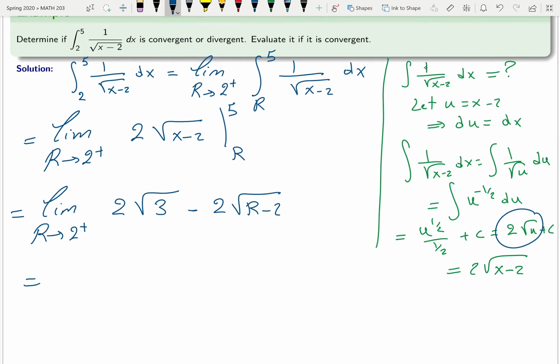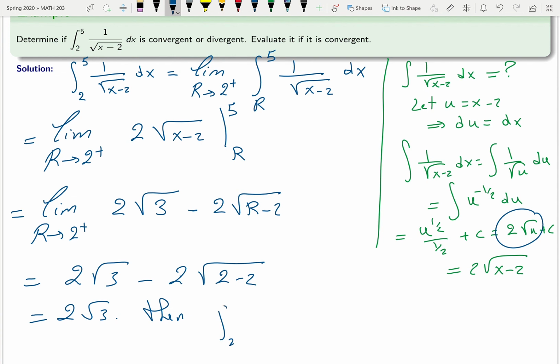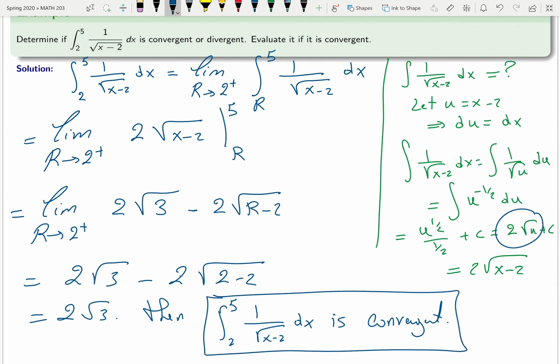When you let r go to 2, this becomes 2 radical 3. You can do just direct substitution here, 2 minus 2, so the answer is 2 radical 3. That's a finite number. So I conclude that the integral from 2 to 5 of 1 over radical x minus 2 dx is convergent, and actually it's equal to 2 times radical 3.